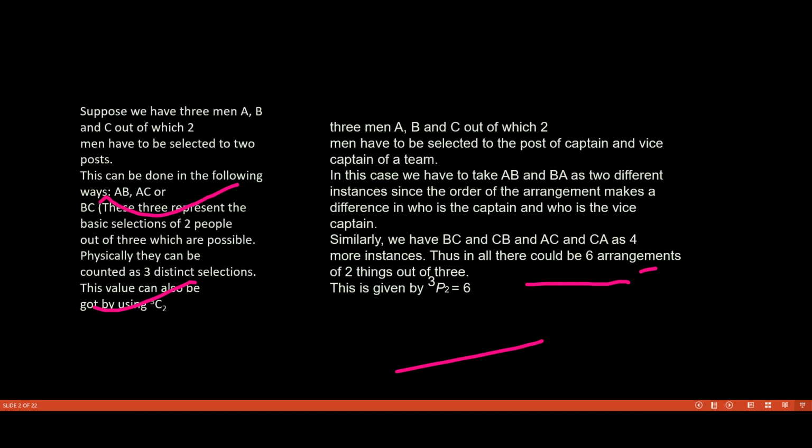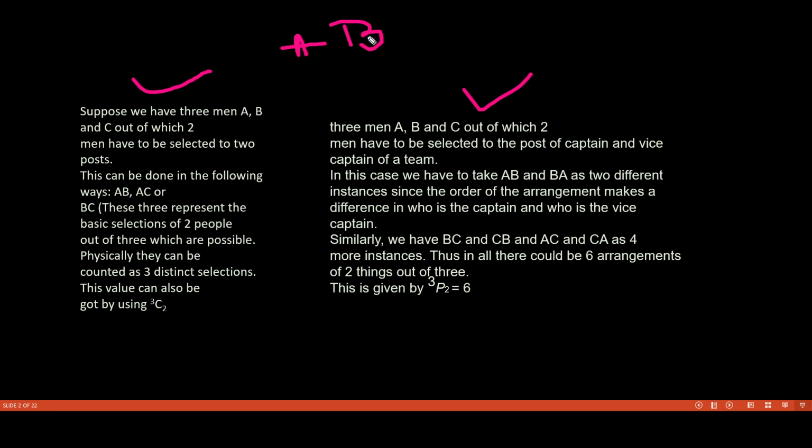So now first of all, let us understand the basic difference between permutation and combination. We will understand this with the help of an example. We are taking a case in which there are three men A, B, C, and there are two posts. There are three people and there are two posts. Now from these three people, two people have to be selected to fill the two posts.